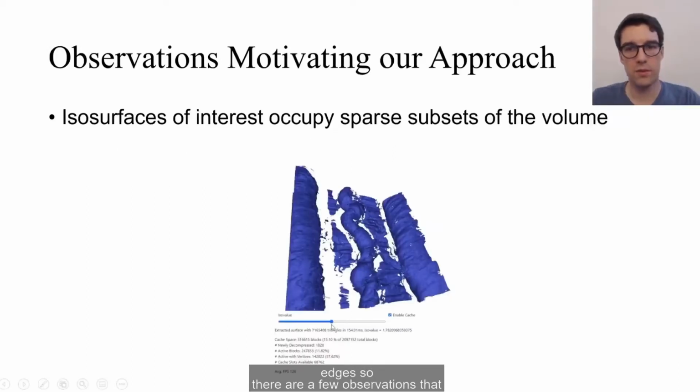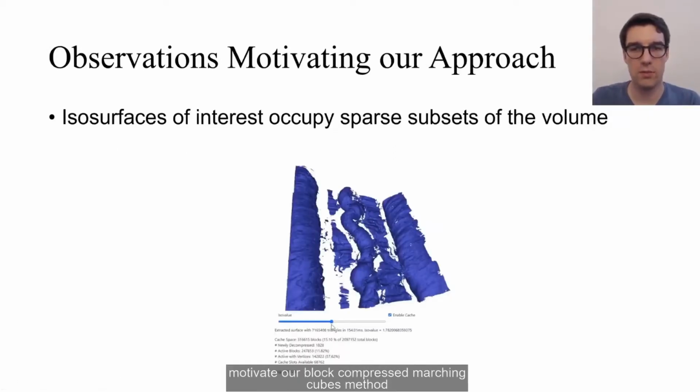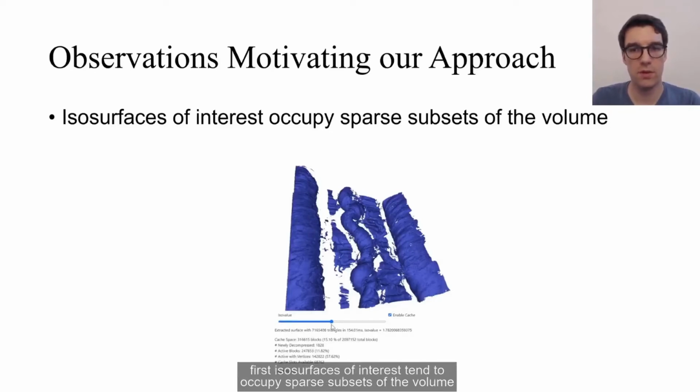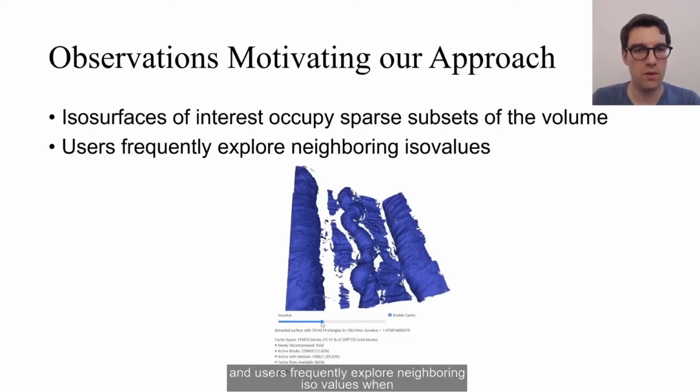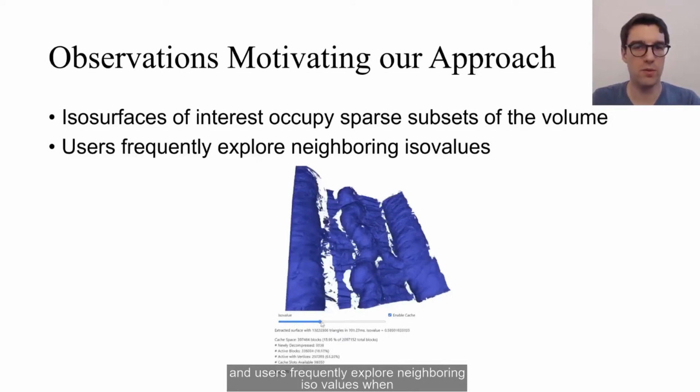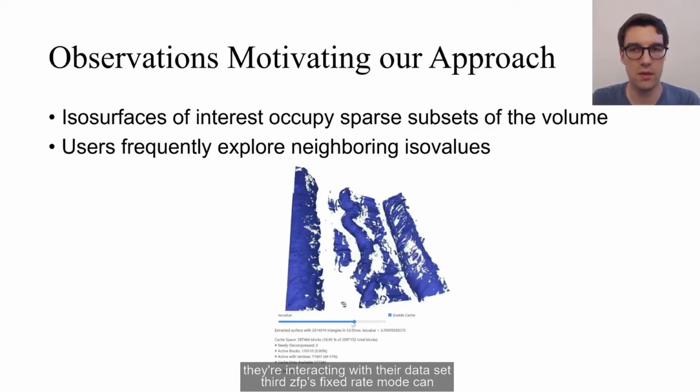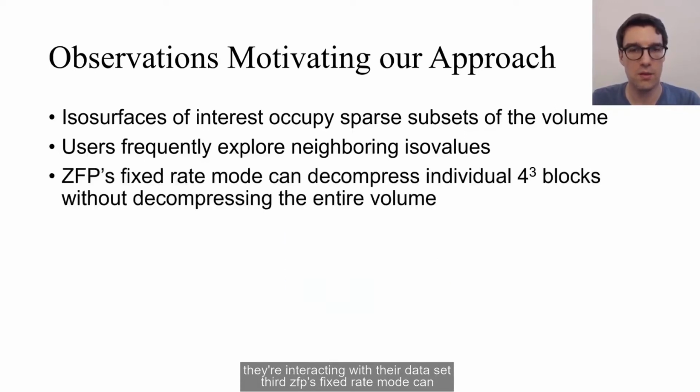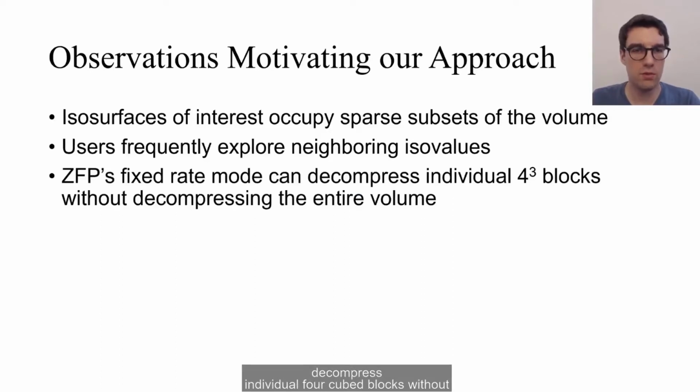There are a few observations that motivate our block-compressed marching cubes method. First, isosurfaces of interest tend to occupy sparse subsets of the volume, and users frequently explore neighboring ISO values when they're interacting with their dataset. Third, ZFP's fixed rate mode can decompress individual 4-cube blocks without decompressing the entire volume.